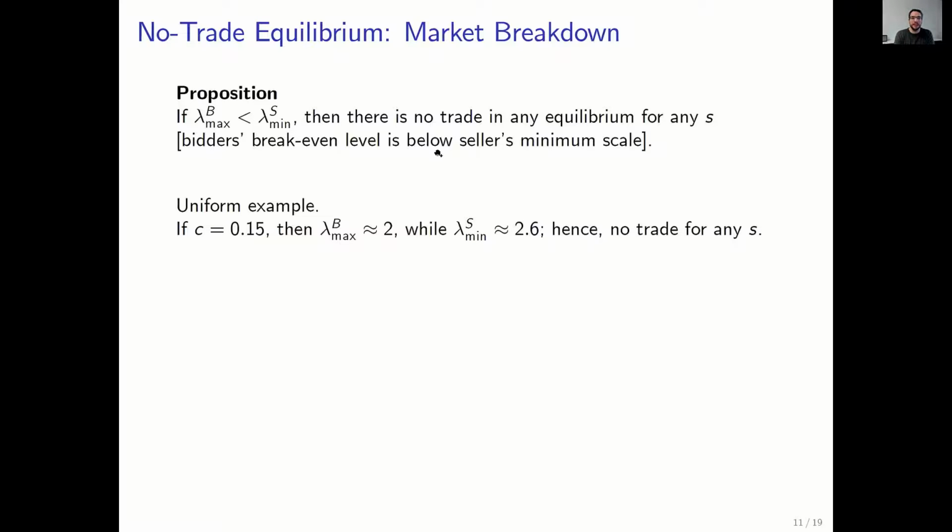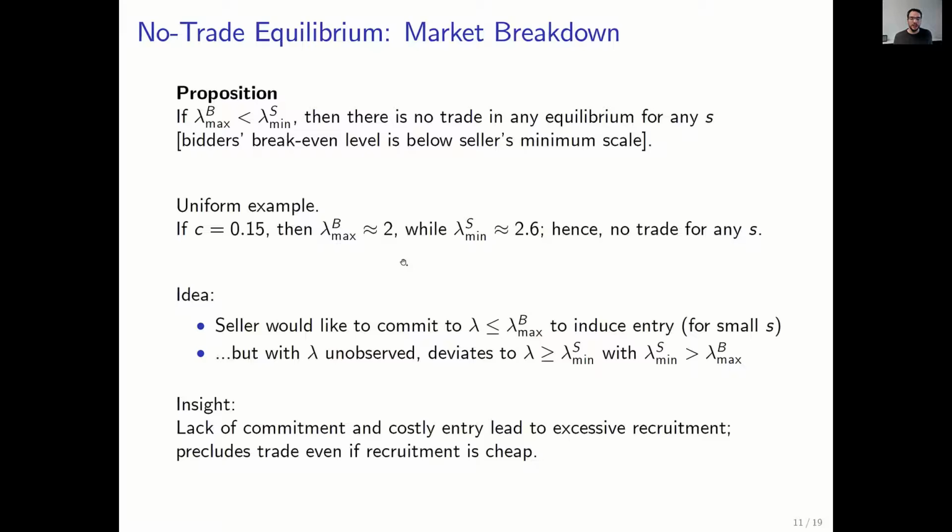If lambda B max is smaller than lambda S min, meaning the bidder's break-even level is below the seller's minimal scale, then there's going to be no trade in any equilibrium for any S. So in the uniform example, if the entry costs of the bidders are 0.15, then lambda B max is at about 2. The seller's minimal scale is at about 2.6, which is larger. And so this means there's going to be no trade for any level of S. So even if recruiting bidders is costless, there will be no trade.